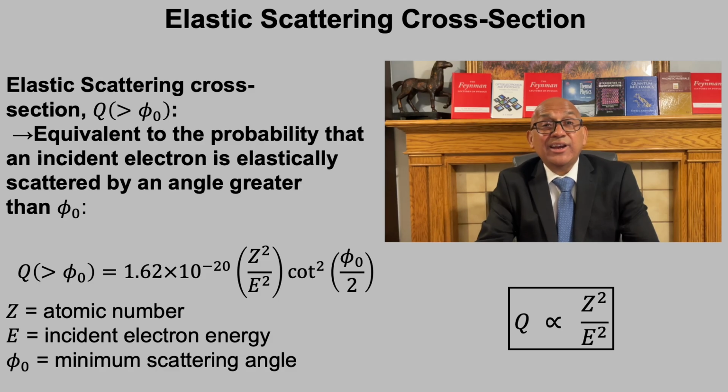The elastic scattering probability increases approximately with Z squared and decreases with increasing beam energy as 1 over E squared. This scaling directly explains why heavier elements produce stronger backscattered electron signals and why increasing beam energy reduces elastic scattering and increases penetration depth.